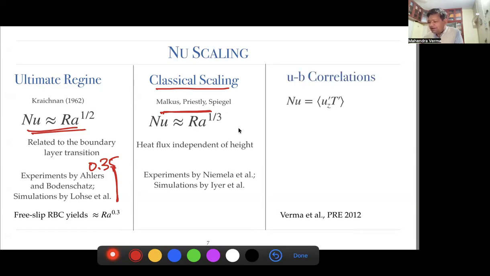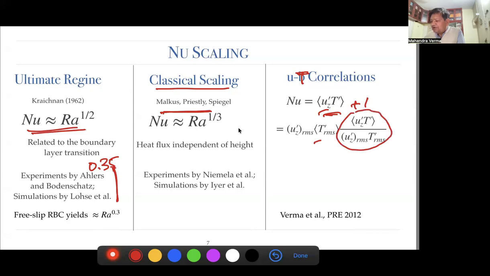Now, the third one is the velocity-temperature correlation. So we have non-dimensional velocity and non-dimensional temperature. I'm skipping one; plus one is there, but I'm skipping that. So these are the convective transport. We rewrite this as RMS of U_z, RMS of T prime, multiplied by the correlation coefficient.